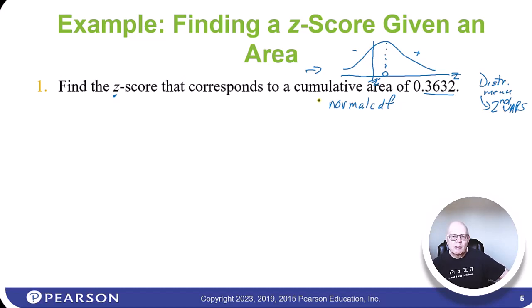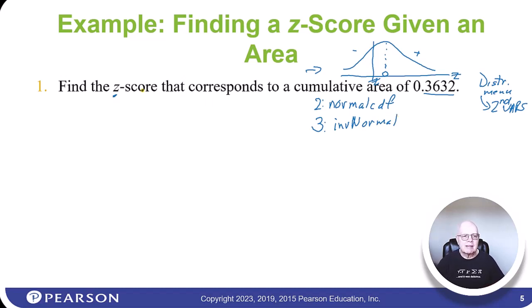Remember, normal CDF, again, so you don't forget, is option number 2 in the distribution menu. We're going to go instead, since we need to go in the opposite direction, which will be rather difficult with what we've got, we're going with option 3. And this is called inverse normal, because we're going in the opposite direction.